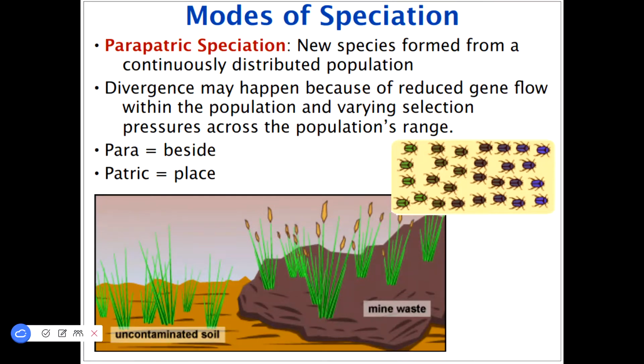Because they are relieved from competition and natural selection, because most organisms cannot live on this, they are able to survive and reproduce, and this mutated allele that allows them to live on the mined waste gives them an advantage here where they don't have the advantage on the uncontaminated soil. So over time, they become a new species that's able to live on mine waste.